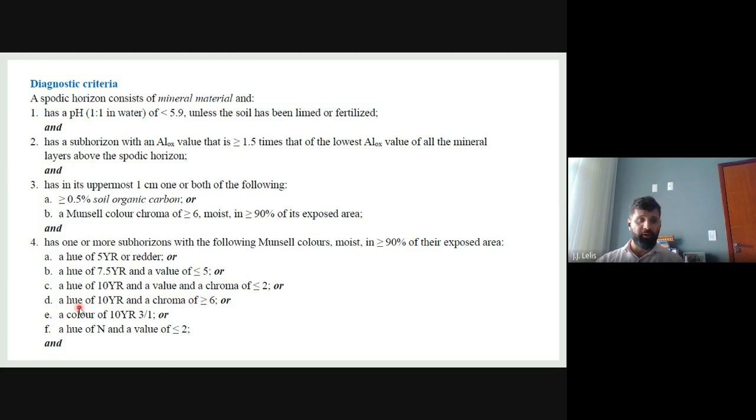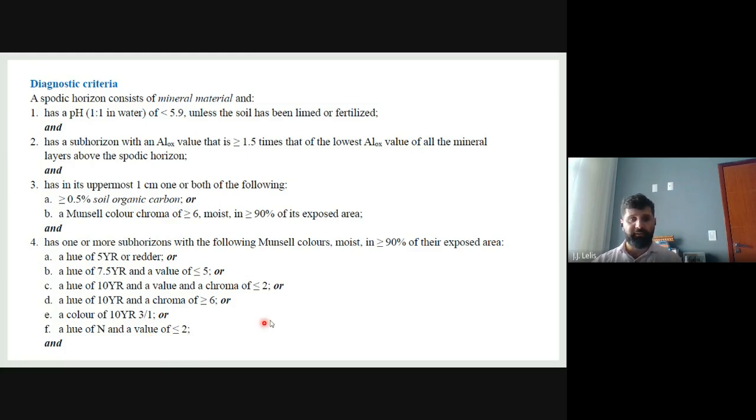A color of 10YR 3/1 if you concentrate organic materials, or a hue of neutral with gray colors and a value equal or below 2 if you concentrate organic materials, okay?